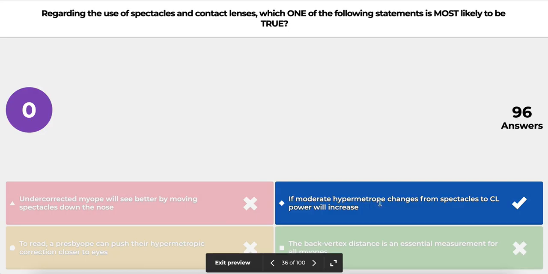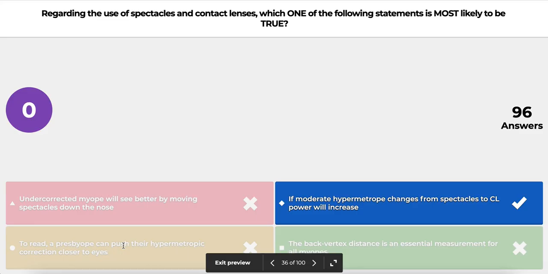A moderate hypermetrope changing from spectacles to contact lenses, the power will increase. This is correct, because a hypermetrope, in order to gain a magnifying effect, for example to read with presbyopia, will push the hypermetropic lenses down their nose, because this will increase the effectiveness of the lens, or increase the magnification.